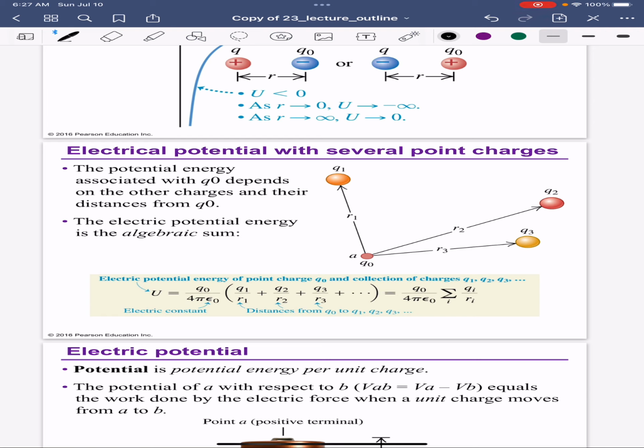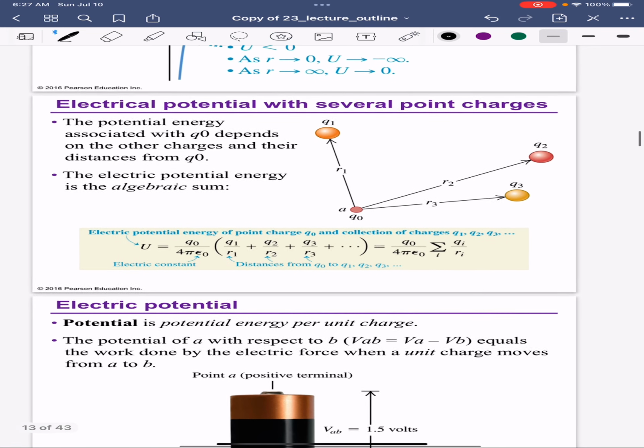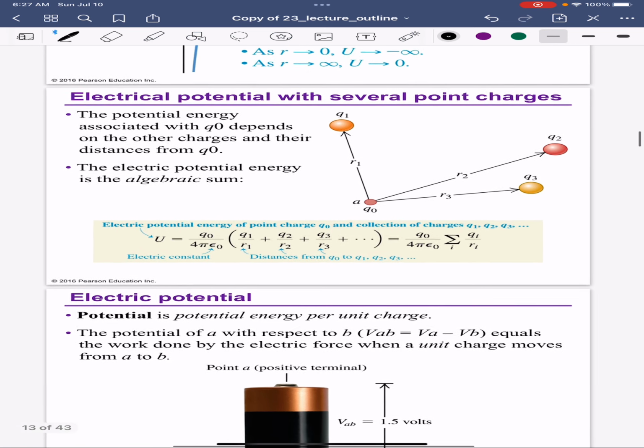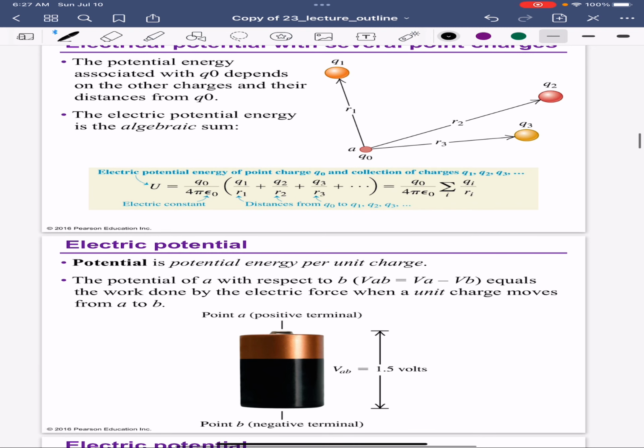It is the algebraic sum for each: U equals Q0 over 4 pi epsilon 0, times Q1 over R1 plus Q2 over R2, and so on. We can write it like this, which I like because it is easier and nice looking.